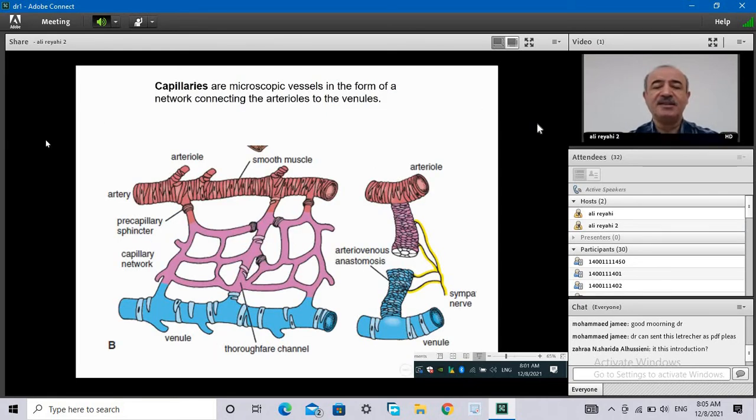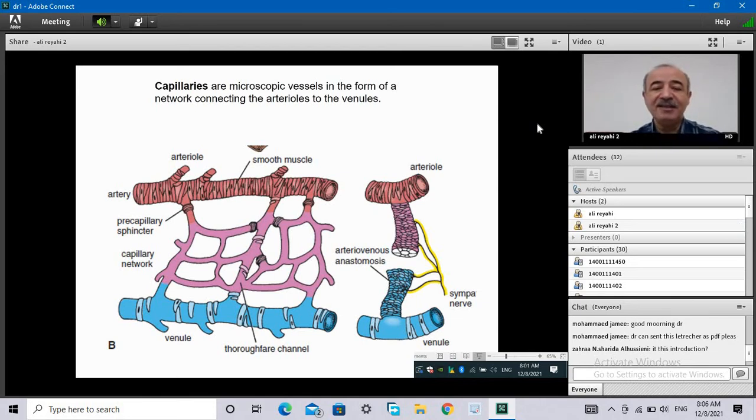And in this picture you can see the smallest vessels. It's called capillary. One end of the capillary is connected to the artery or arteriole, and the wall of the capillary is very thin, and the oxygen and the nutrients, for example, can transport to the cells, okay.